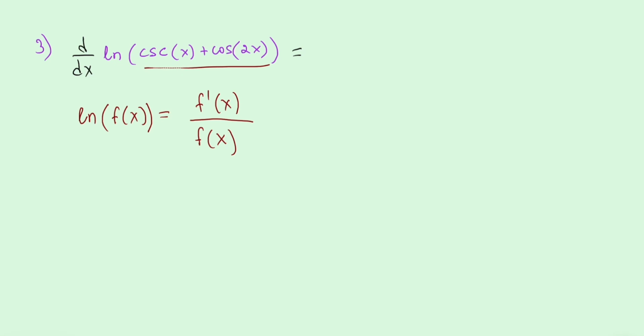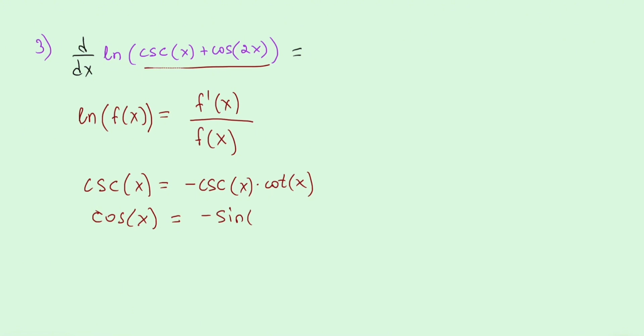Another thing we should know is the derivatives of the trig functions. So the derivative of cosecant of x would equal negative cosecant x times cotangent x. And the derivative of cosine x is going to be negative sine x.